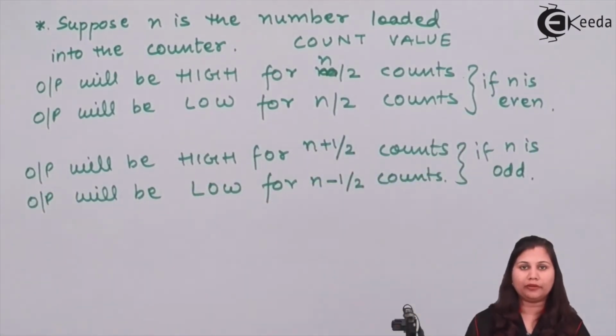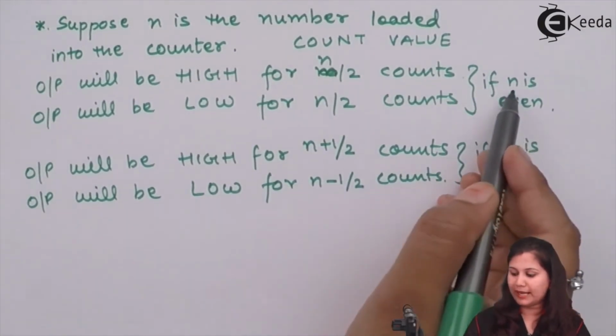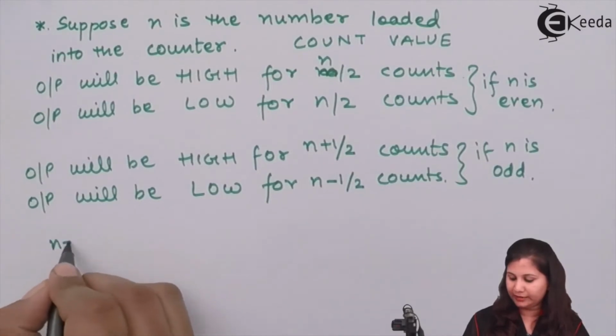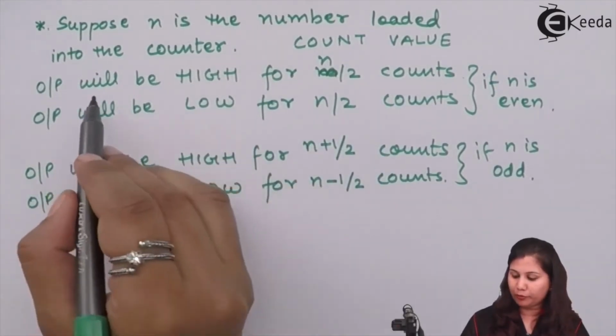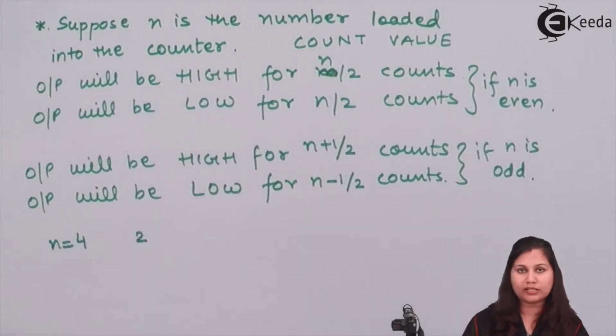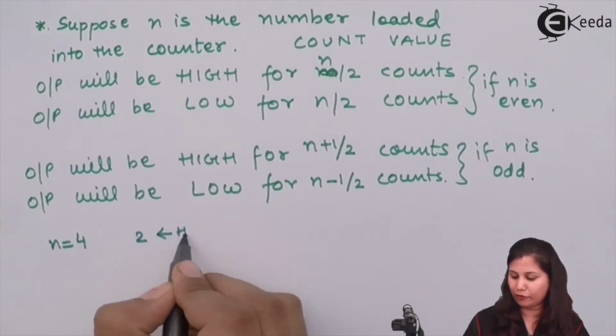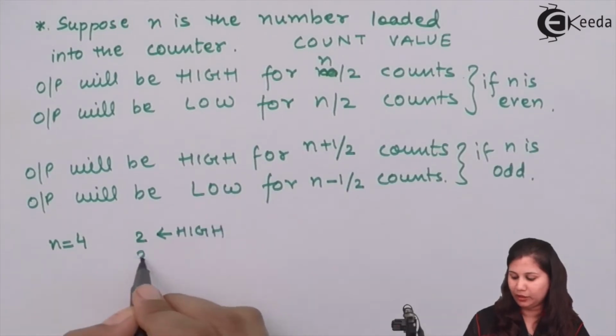So for an equal number of times, the output will be high and low. Let's take an example. If the count value is 4, then the output will be high for 2 clock cycles, and low for 2 clock cycles.